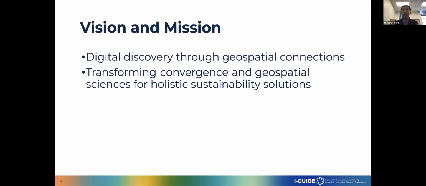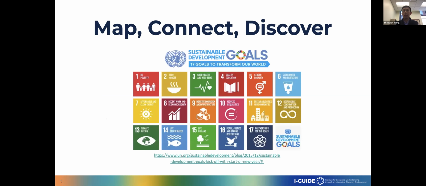Our vision is digital discovery and innovation through geospatial connections and through harnessing the geospatial data revolution. Our mission is to transform convergence and geospatial sciences for holistic sustainability solutions. To translate our vision and mission into more easy to understand terms, we have this tagline: map, connect, and discover.